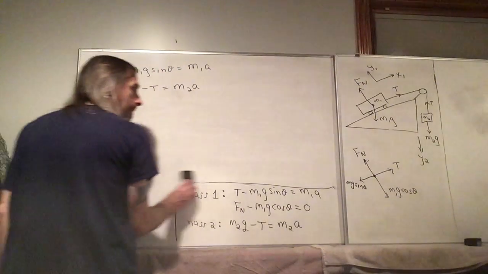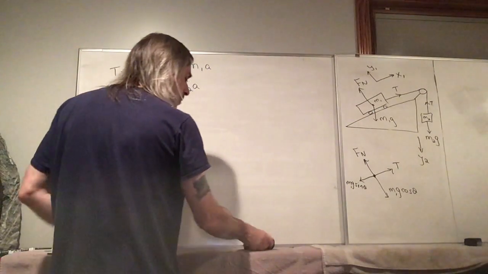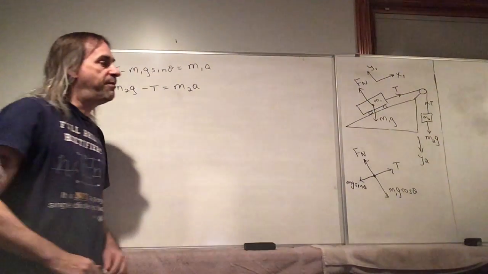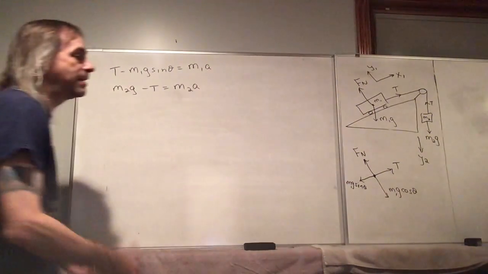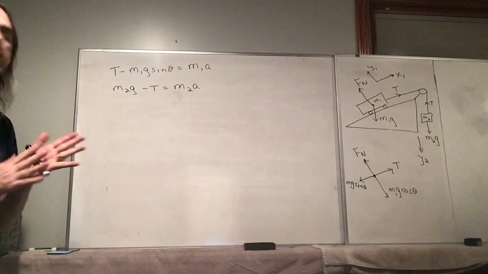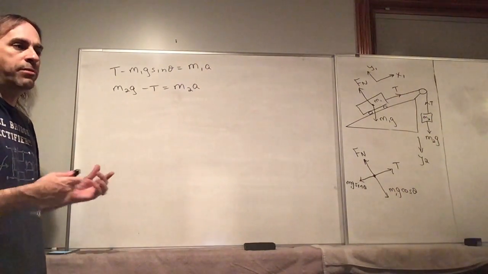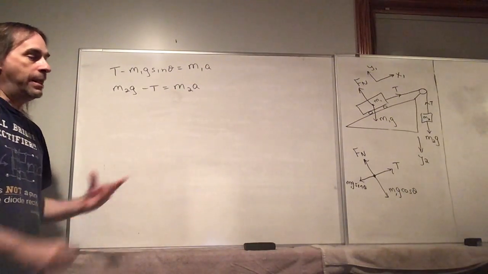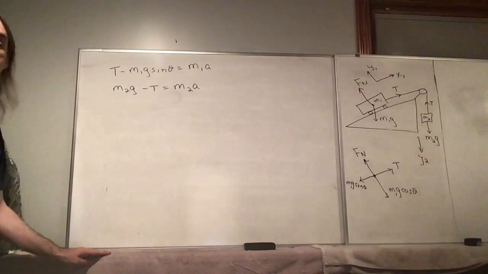Okay, so that's good. Now, one thing I will say, you always want to be very careful in doing plus and minus signs, getting that right. And I'll point out when we do that Atwood machine problem, one potential mistake that's very easy to make. It didn't really show up in this problem, but in that one, very easy one to screw up.